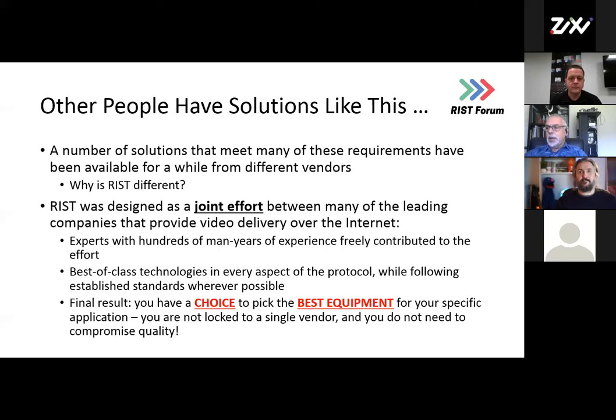The idea really here was to make a common specification without compromising on quality. These companies, which actually compete in the marketplace, got together and freely shared their experience for this effort. The technical group chose best-of-class technologies for every aspect of the protocol while following established standards, because we don't want to reinvent the wheel.